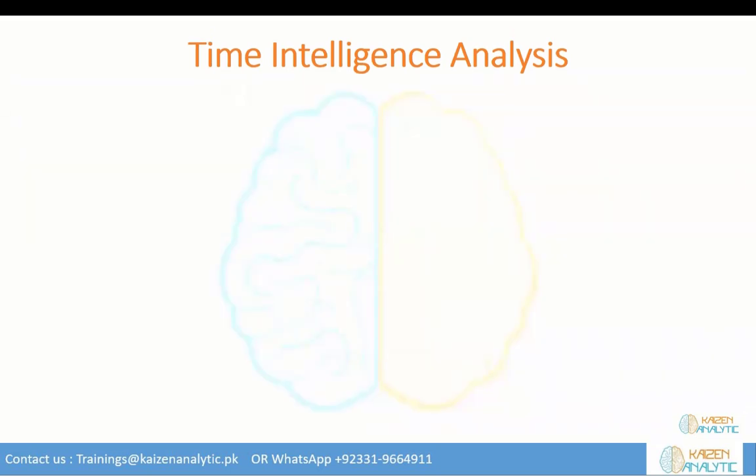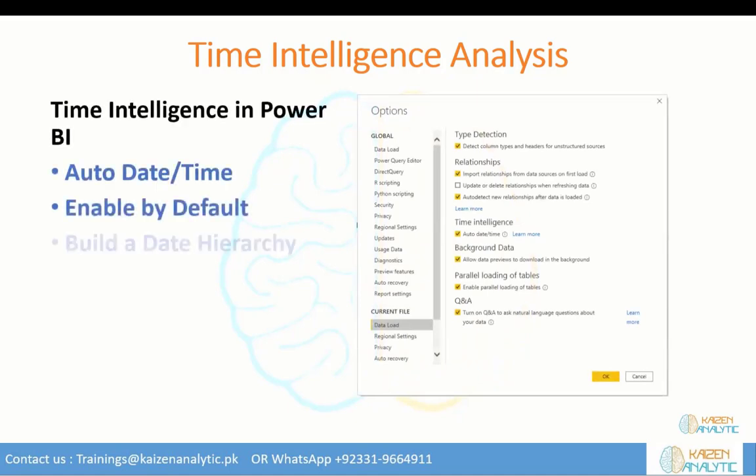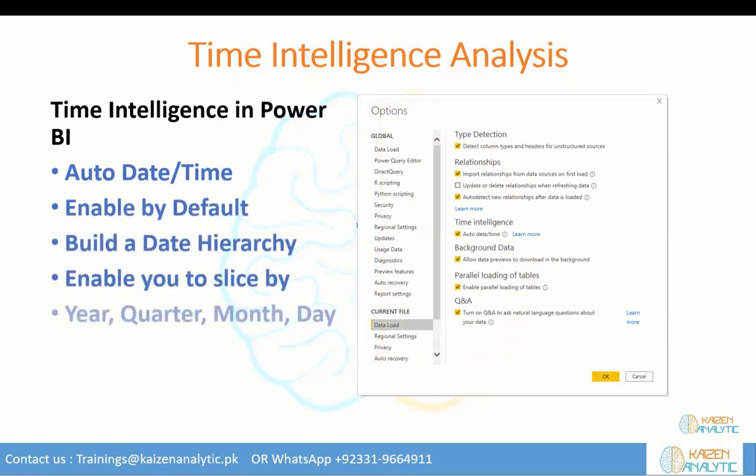In time intelligence analysis, if we are using the tool of Power BI, there is a very important element which is automatically turned on, which is in current file data load: the time intelligence auto date and time is automatically turned on, and it is enabled by default.